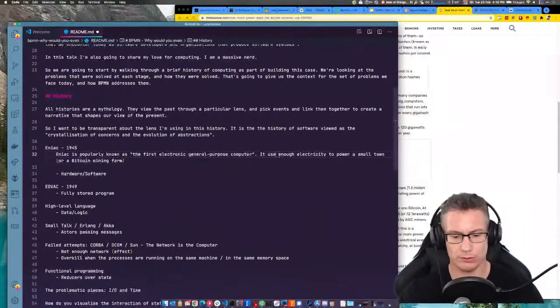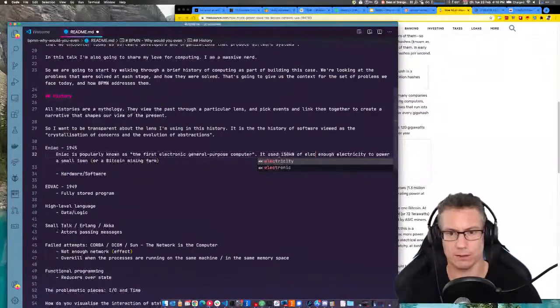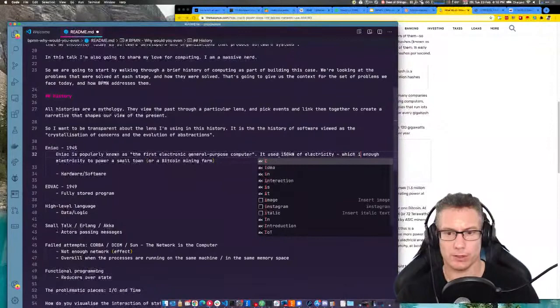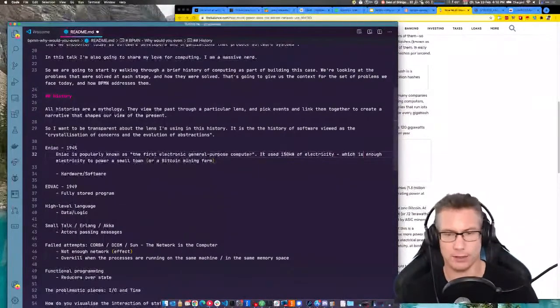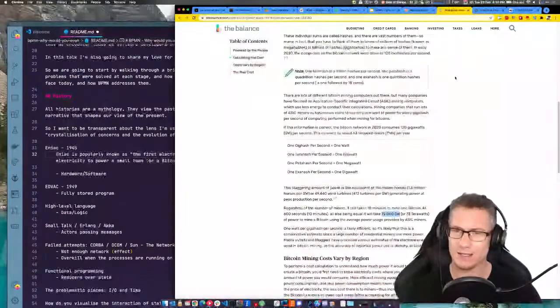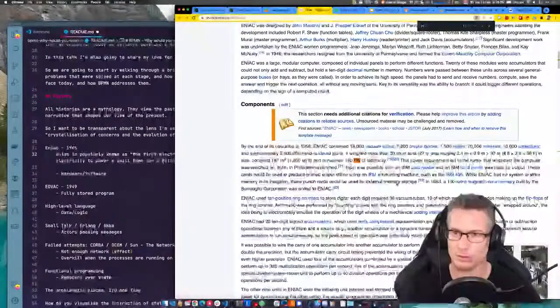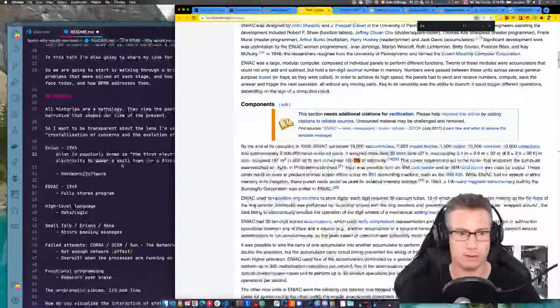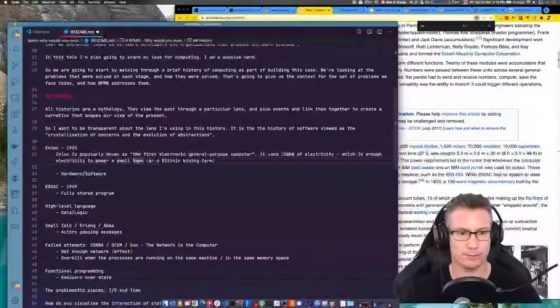So it used 150 kilowatts of electricity, which is enough to power a small town. It is, or it was? Lights in Philadelphia dimmed. A small town.